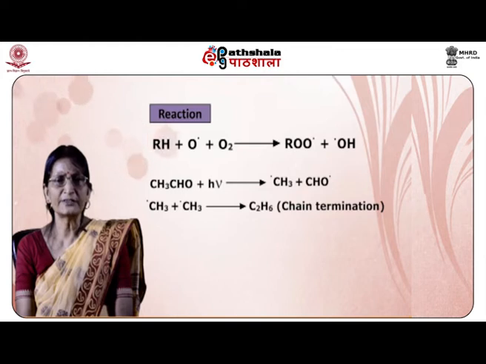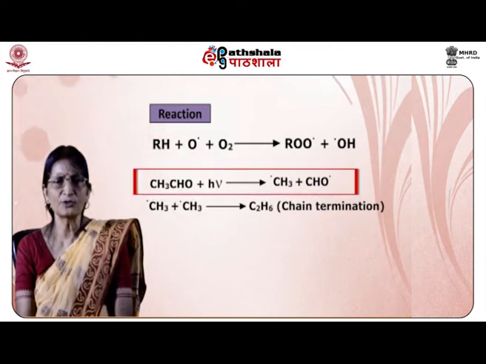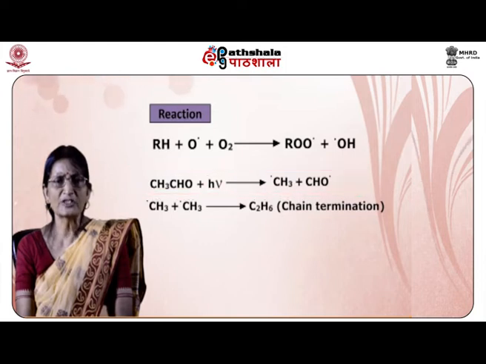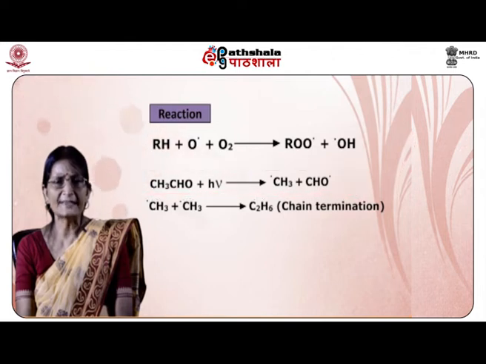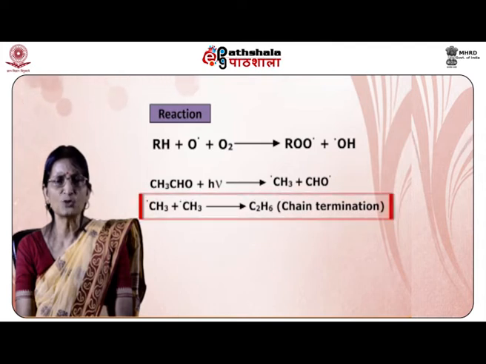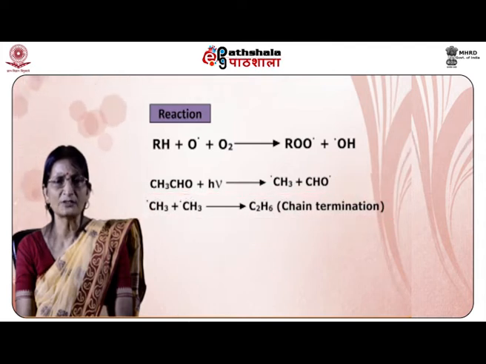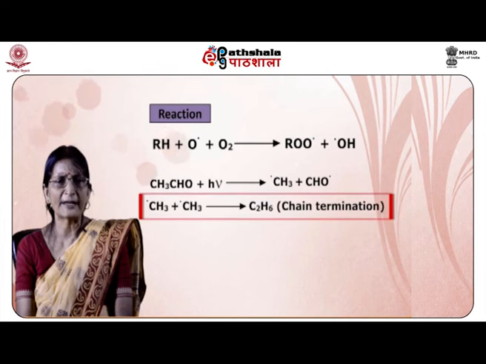Then further, there are organic compounds such as acetone or acetaldehyde, which absorb radiation and become radicals such as the methyl radical and CHO radical. The two methyl radicals may recombine to give a chain termination reaction and give the hydrocarbon back.